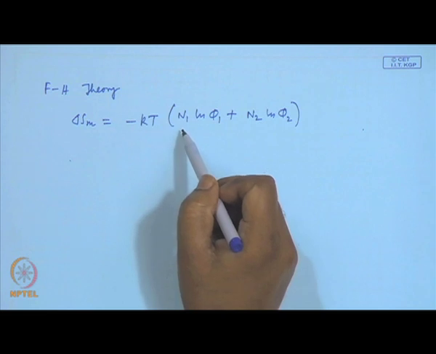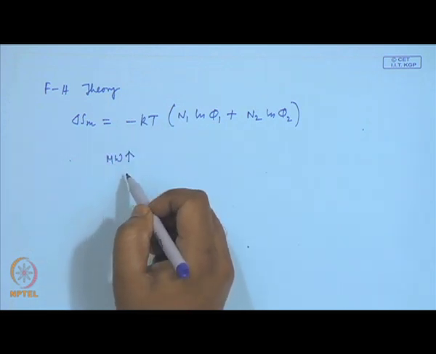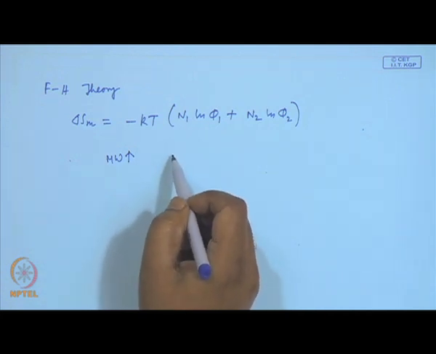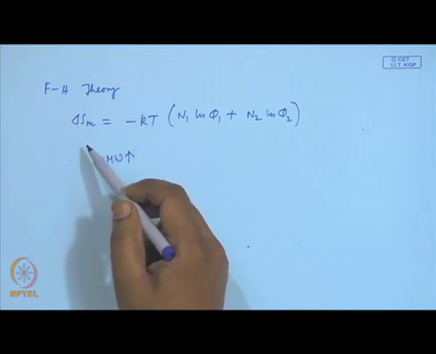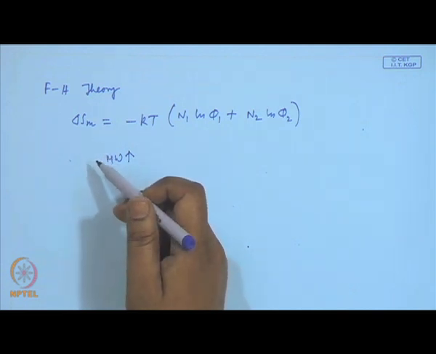Now, if we increase the molecular weight of a polymer, what happens? The number of molecules comes down. So, the entropy of mixing contributes less and less to the mixing Gibbs free energy.